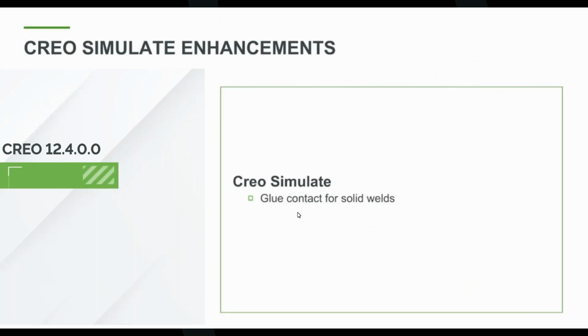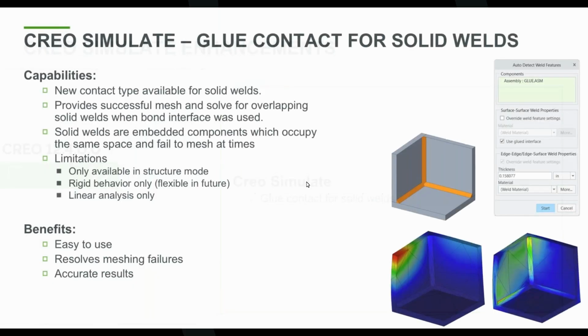Some of the Creo Simulate enhancements. For those of you that use Creo Simulate often and create welds, we've now got this glue contact for solid welds, because you run into issues when you've got welds that are overlapping. You can now use the glue contact, and it'll solve that issue where it doesn't want to mesh because those welds join or interfere.